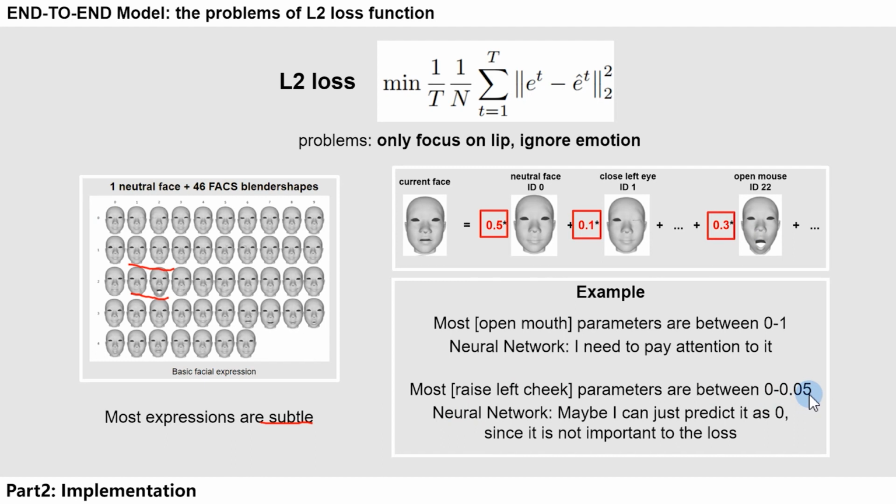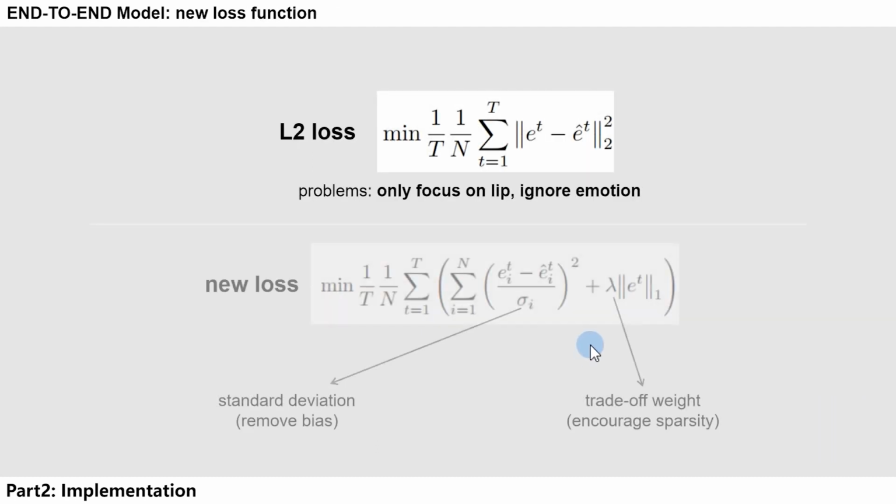So the neural network thinks, okay, it's not that important, maybe I can just predict it as 0. That's the reason why we need a new loss function. So we introduce a new loss function. We use standard deviation to remove bias, and we use this L1 to encourage sparsity.